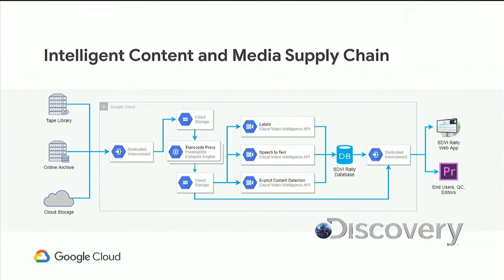Then you store it in the SDVI Rally database, and that's where they normalize the data and make sure it's in a format that's ready to be consumed by an end user. And then on the far right, you can see how somebody on-prem or anywhere could go into Adobe Premiere, see their task orders, their work orders, and actually start to edit that content, pulling that ML metadata out of the cloud.